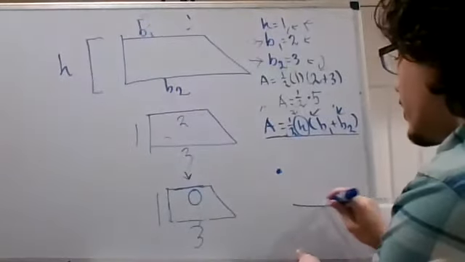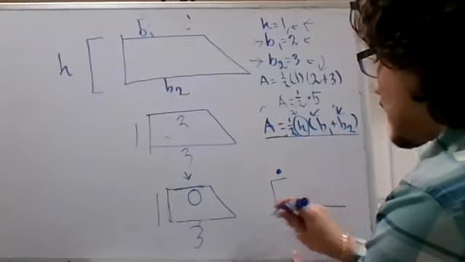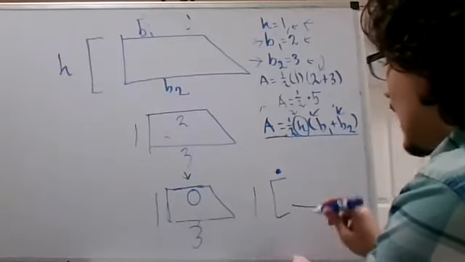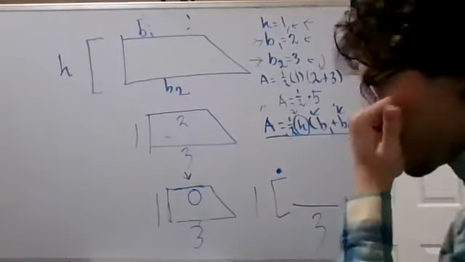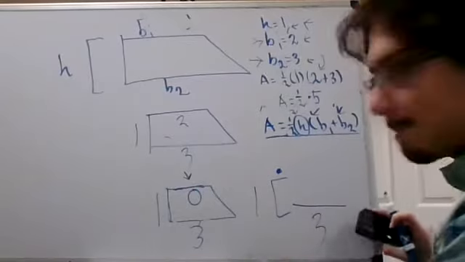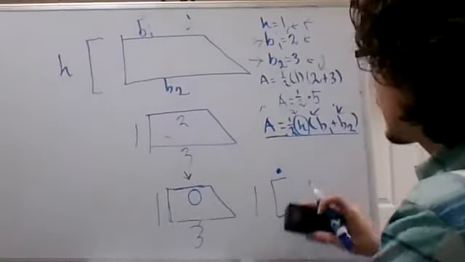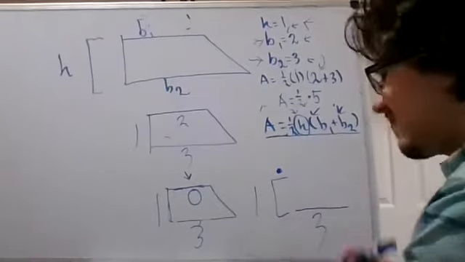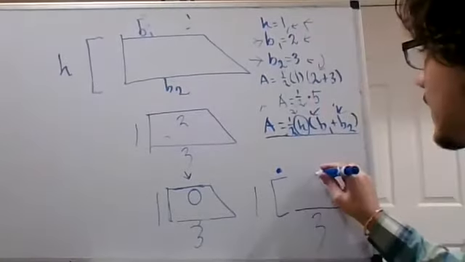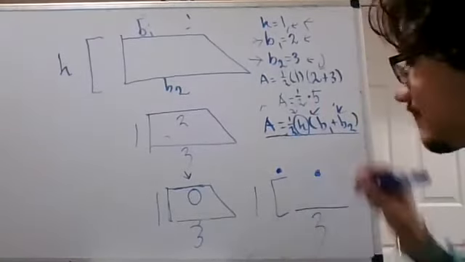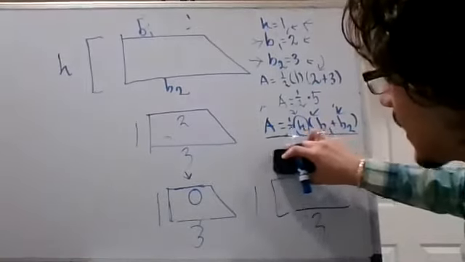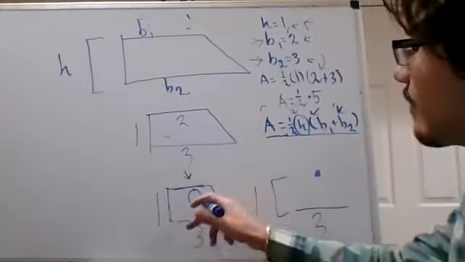So if we think about the new shape, we know that the height will stay 1, and we know that the base 2 will stay 3, but we know that we do not have a side. We have a point. Because that's what would happen if we made the base 0.